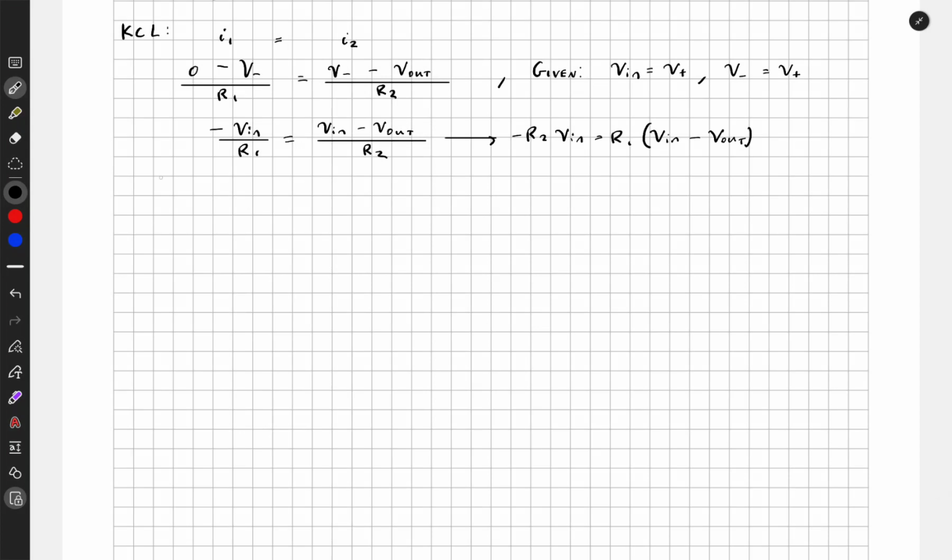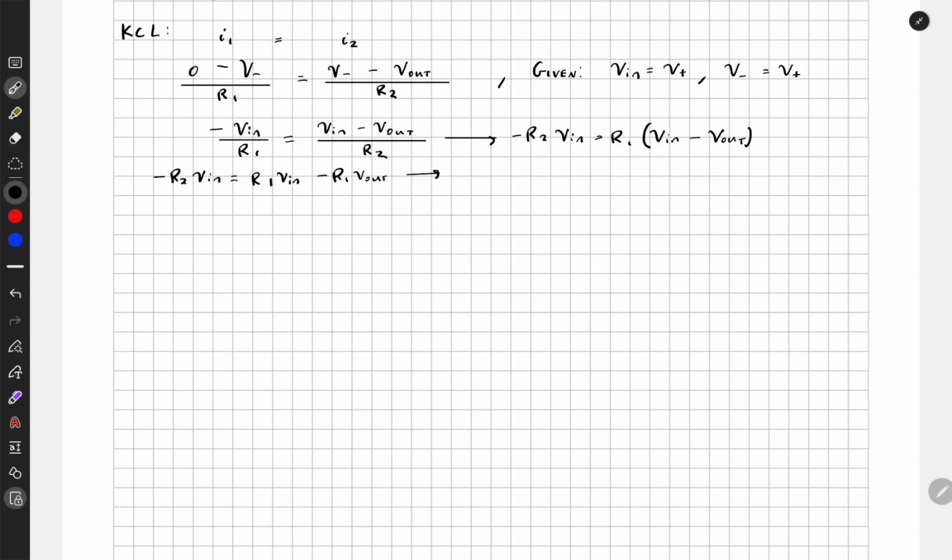Okay, so let's rewrite the left side, but the right side we do some distribution. We can move the R1 to here, and then that moves to here.